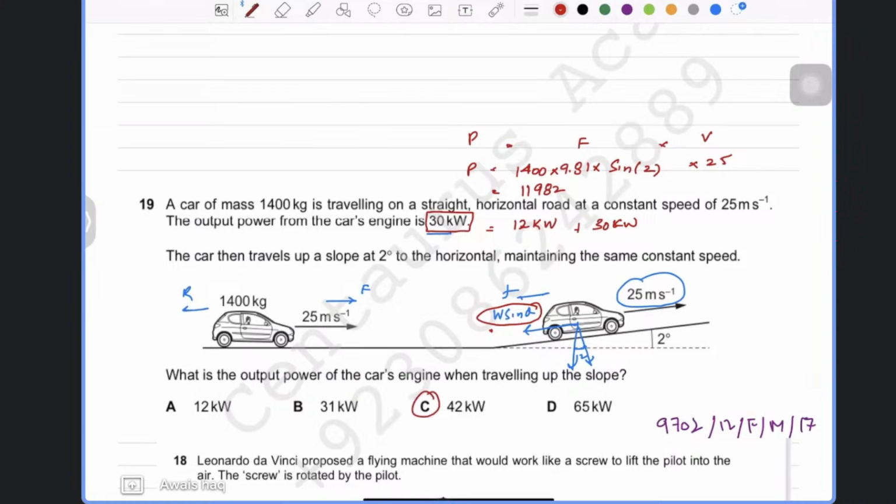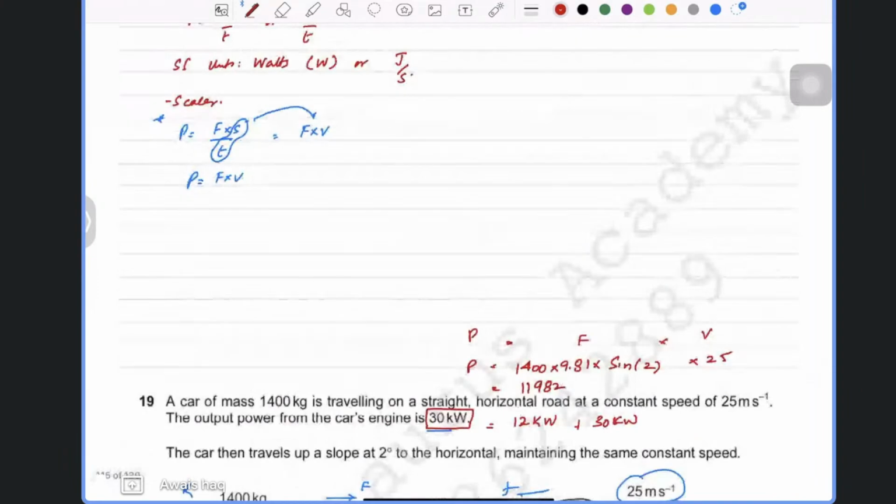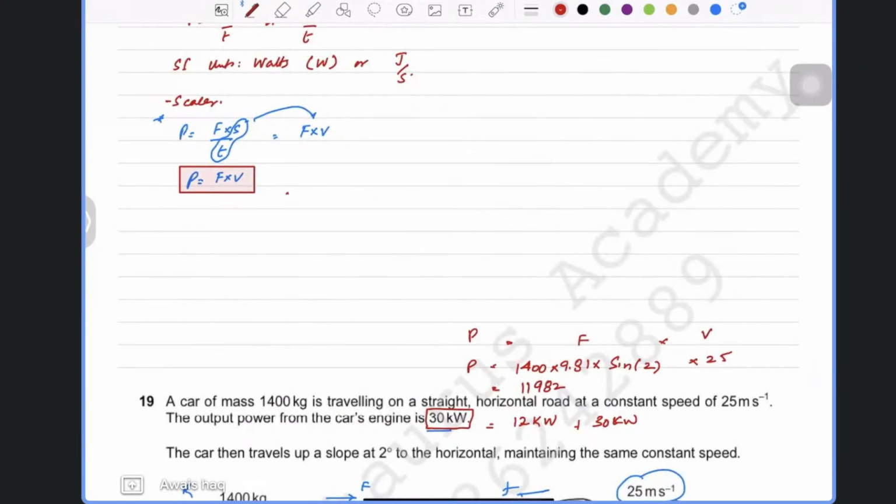Is it clear? Why did you multiply force with velocity for this? Because the power formula is force times velocity. We have to do that. Do you understand? Yes, sir, but shouldn't we multiply 12 kilowatt with 25?